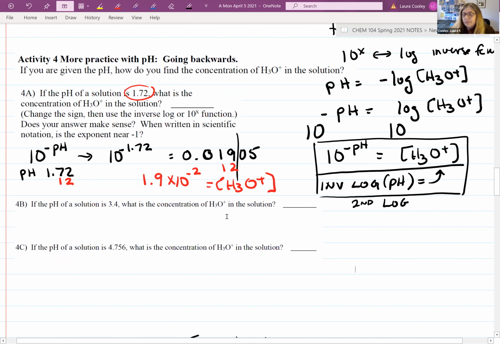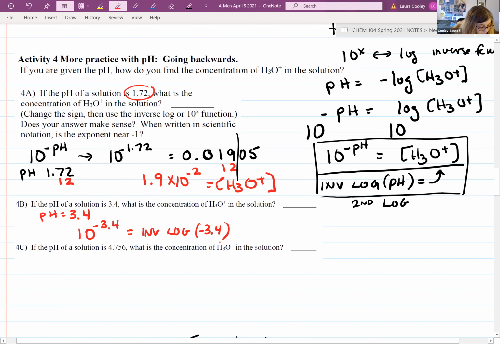That's correct. Okay, so here we have pH is 3.4. So we're going to take 10 to the negative 3.4, which is the inverse log of negative 3.4, or you may have 10 to the x on your calculator, then you would just use that.